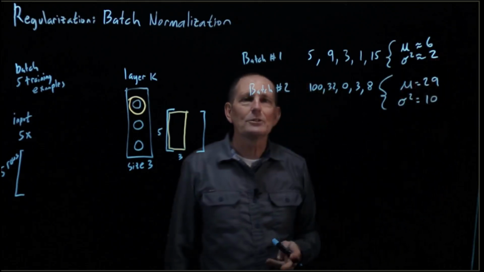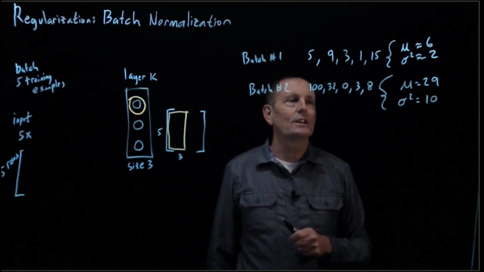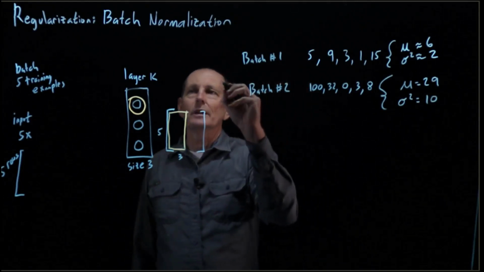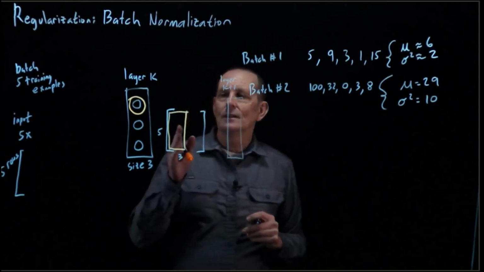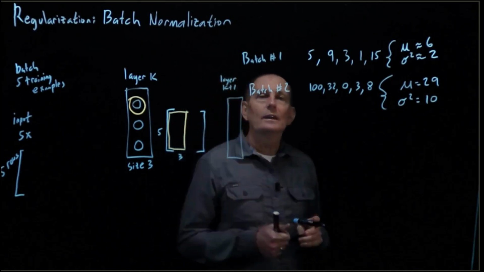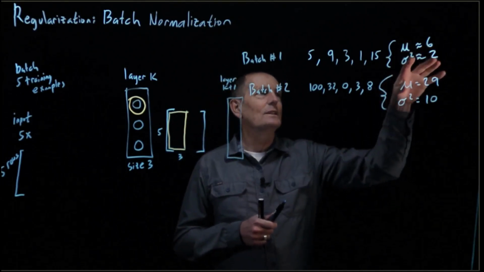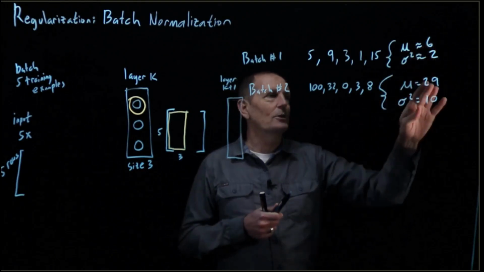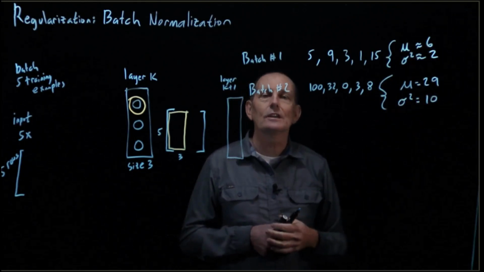I am fairly close on the mean, and I am just making up numbers on the standard deviation. But what I want you to notice is let's look at layer K plus 1. K plus 1 has these values coming in. In one batch, we are going to be getting a set of values with a mean and standard deviation of 6 and 2. In the next batch, we're going to get a much larger mean, and it so happens a larger standard deviation too.